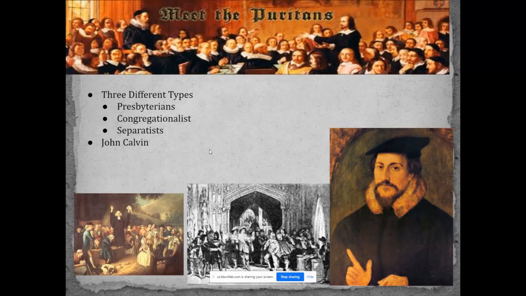Important to note that these are followers of John Calvin. It's just kind of an aside, just to give you an idea of who these people were. John Calvin was an early Protestant minister who believed in the concept of predestination, which is basically that it's not about if you do good works or not as a human living on this planet.